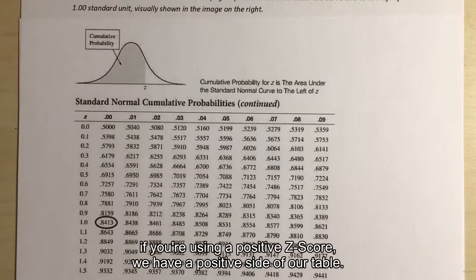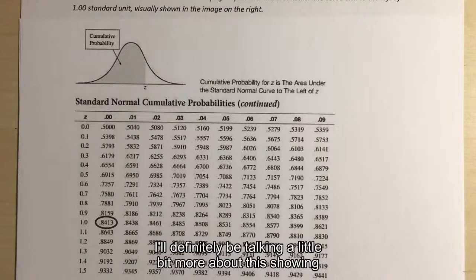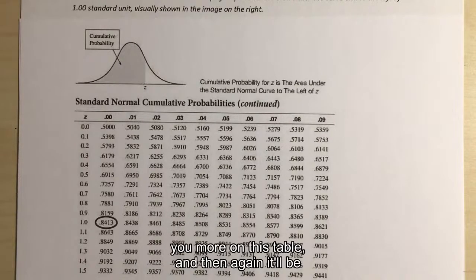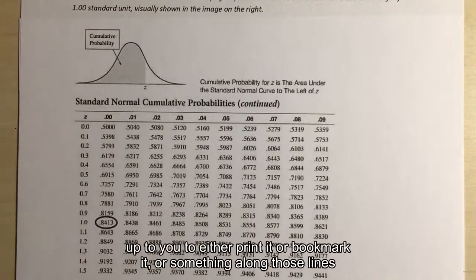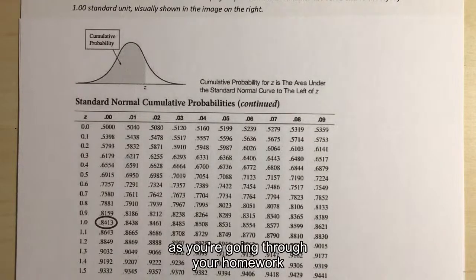If you're using a positive z-score, we have a positive side of our table. As we go through the next few problems, I'll be talking a little bit more about this and showing you more on this table, and it'll be up to you to either print it or bookmark it so that you have the table easily accessible as you're going through your homework.